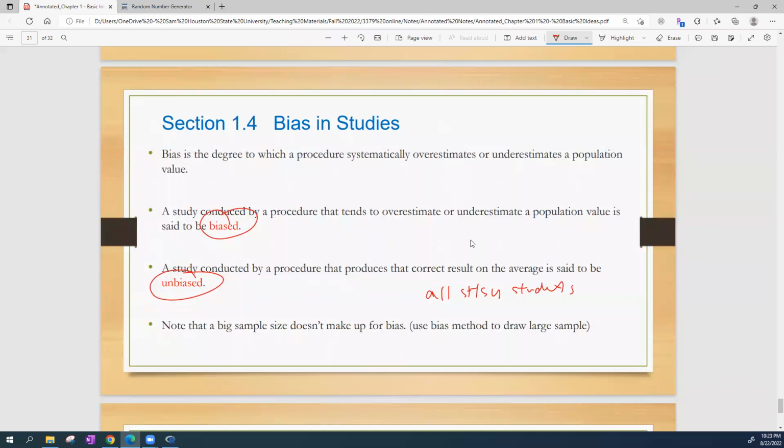And then we do a sampling technique, all from the basketball team, so we can get a large sample size. And then that big sample doesn't make up for the bias because it's overestimated.